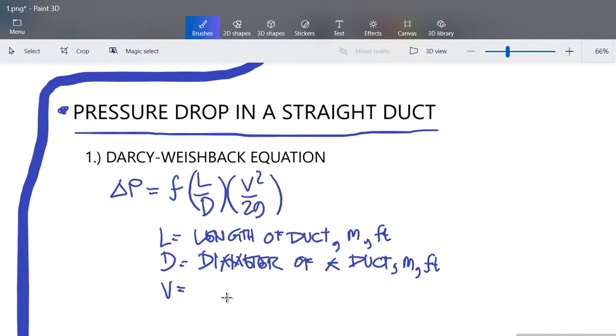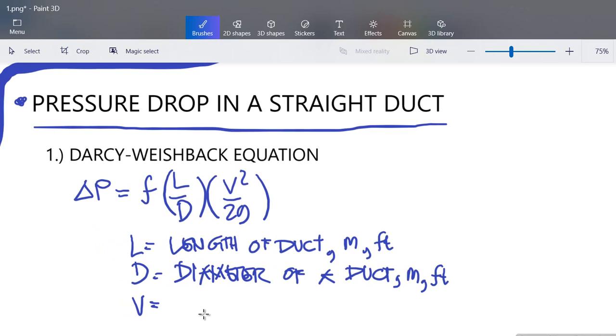Then we have velocity, so this will be in meters per second, feet per second. Then your g is for your gravity.